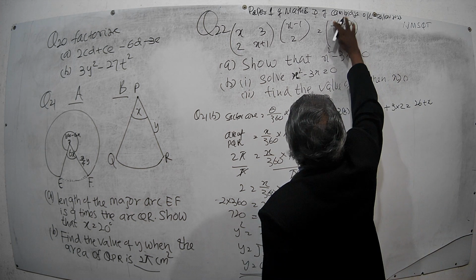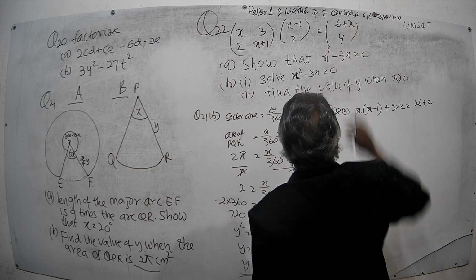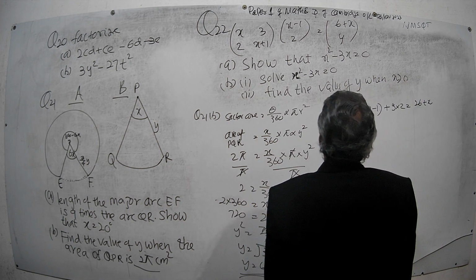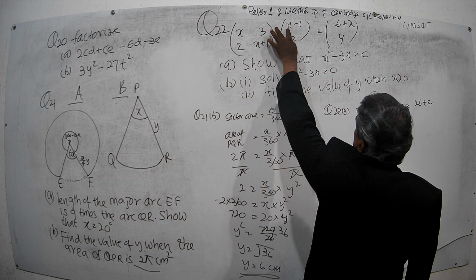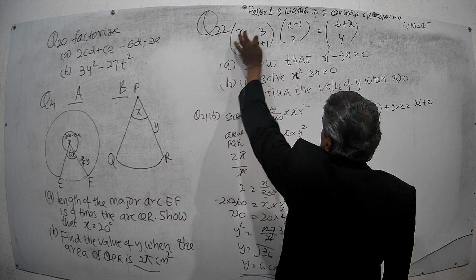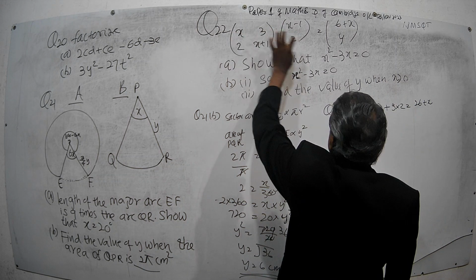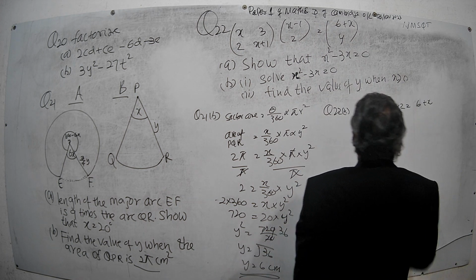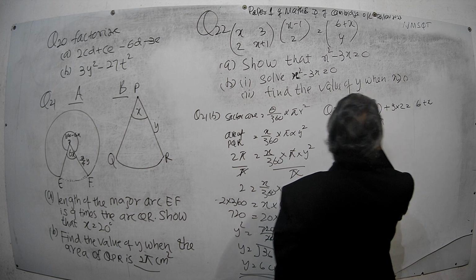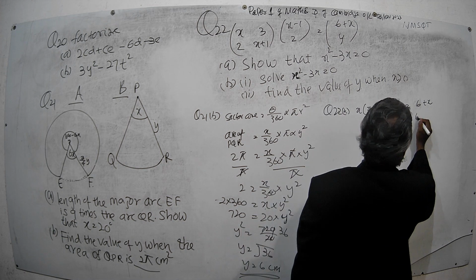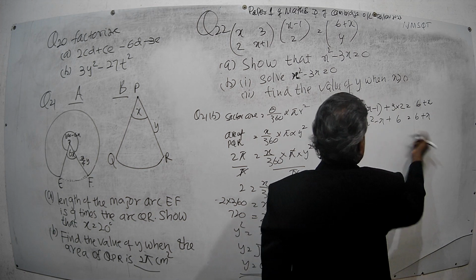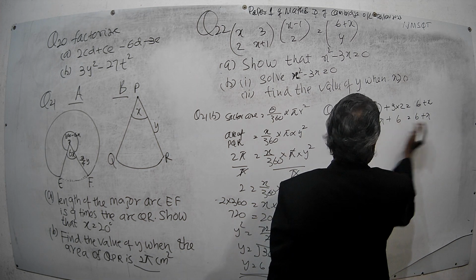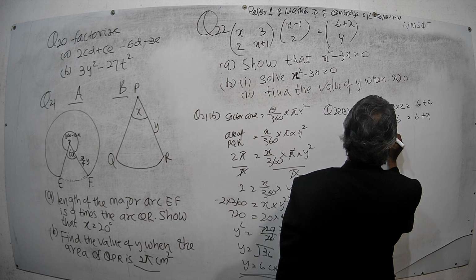It is not 20, it is 2x. I'm sorry. Then this times this plus this times this equals x plus 6 plus 6. Then you write x squared minus x, remove the bracket, plus 6 equals 6 plus x. This 6 goes to that side and becomes negative 6.